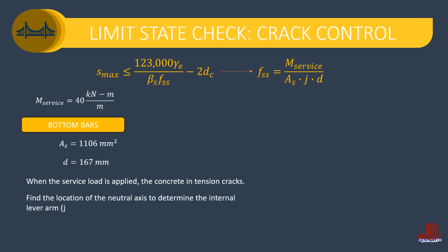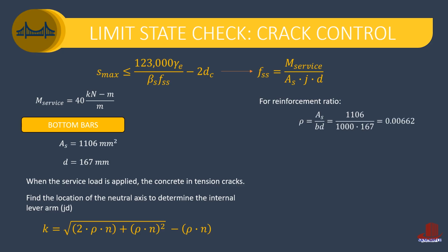j requires the location of the neutral axis k, and k is the root of 2 times rho times n plus the square of the product of rho and n, then subtract rho times n. So there are 2 more parameters for us to solve. For the reinforcement ratio, rho is the area over b times d.